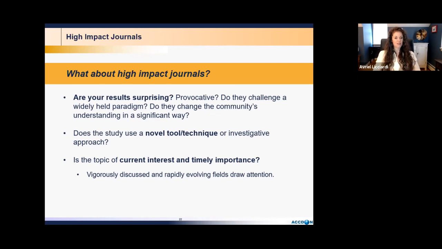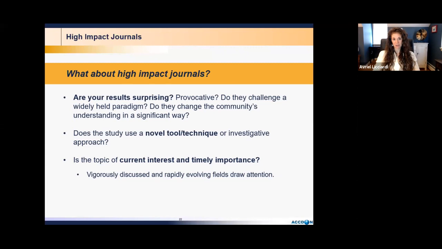Another question is, does the study that you're doing use a novel tool or a new technique or an investigative approach that is new and different? If that's true, then a high impact journal may also be appropriate. And one of the best ways is, if your topic that you're working on is of current interest within your community, or it has timely importance, then a high impact journal may also be very interested in that.